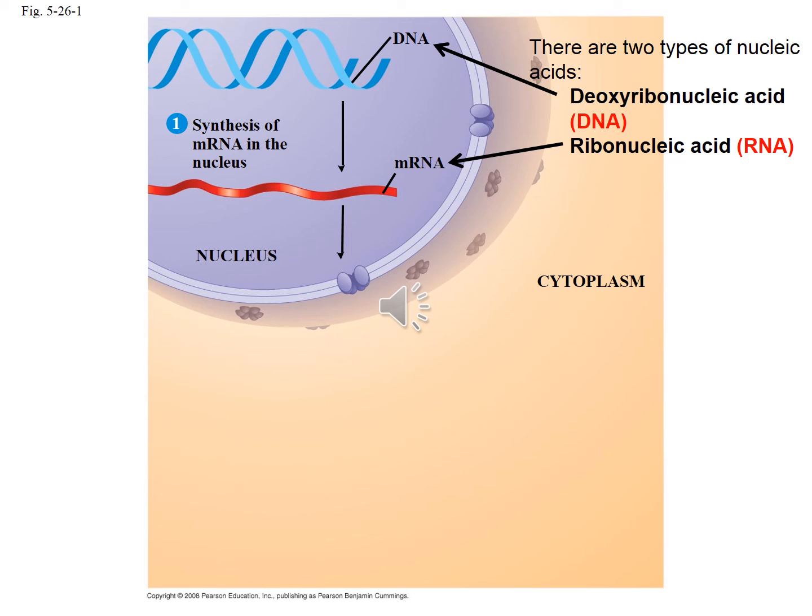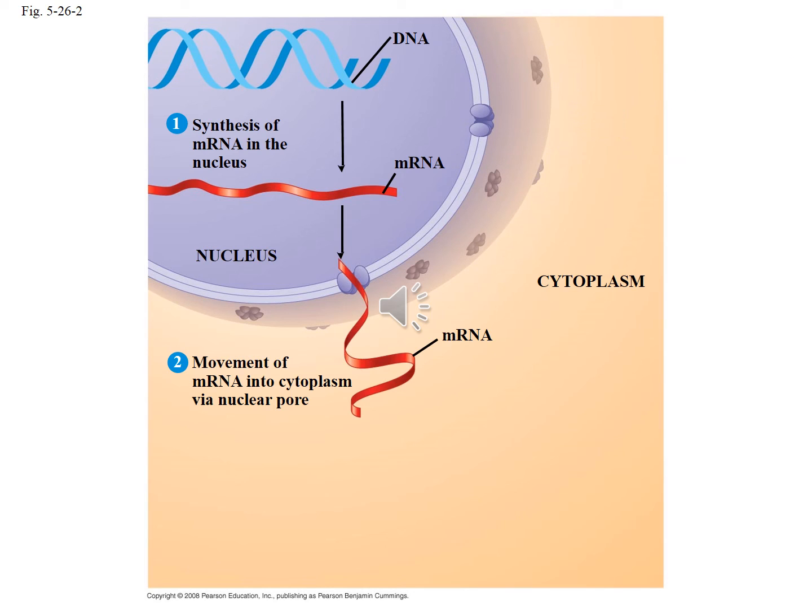So the mRNA is going to leave the nucleus. Here we see that our mRNA is squeezing through this hole in the nuclear envelope. This is what's called the nuclear pore. So that single strand of mRNA is going out into the cytoplasm from the nucleus, and it's in search of a ribosome.